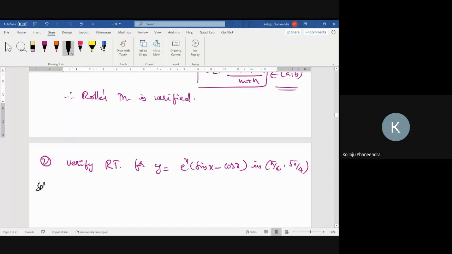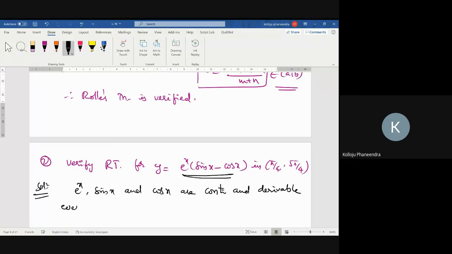Solution. What is this? e power x, sin x and cos x are the functions involved in f of x, right? So e power x, sin x and cos x are continuous and differentiable, continuous and derivable everywhere. Okay.